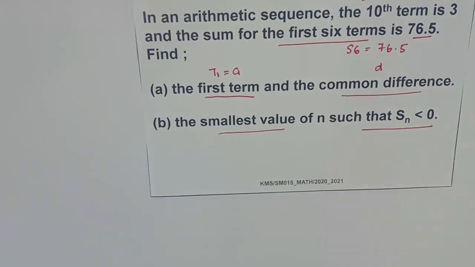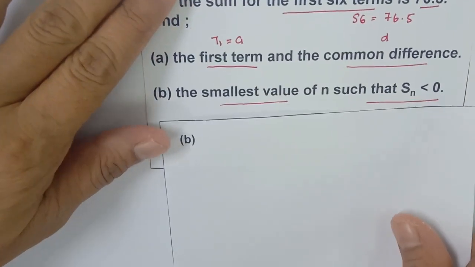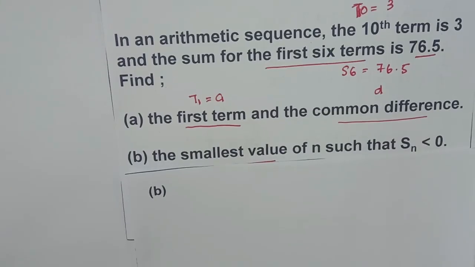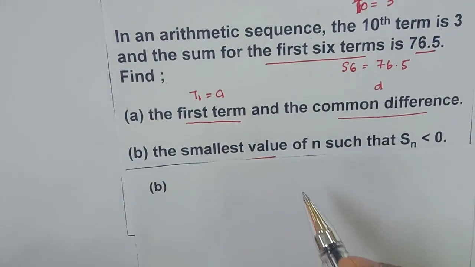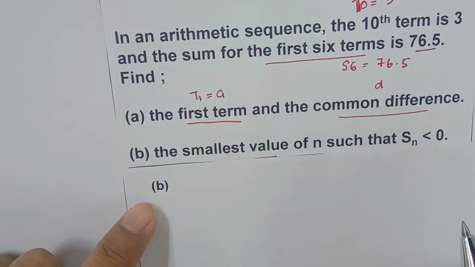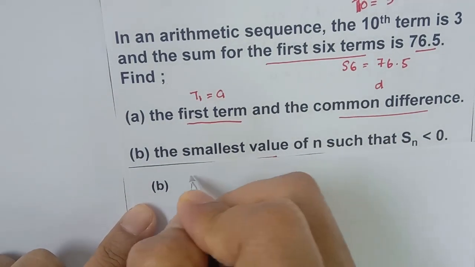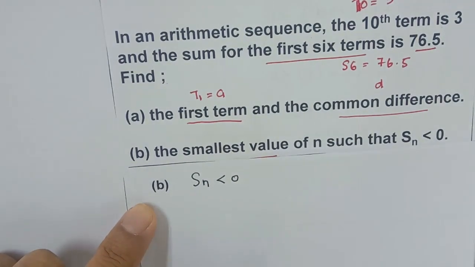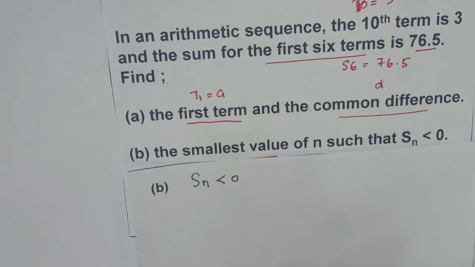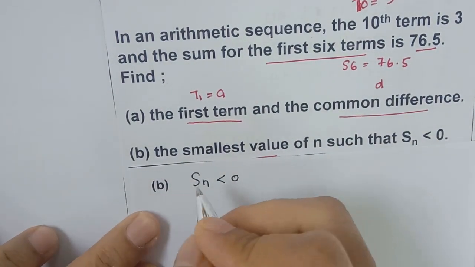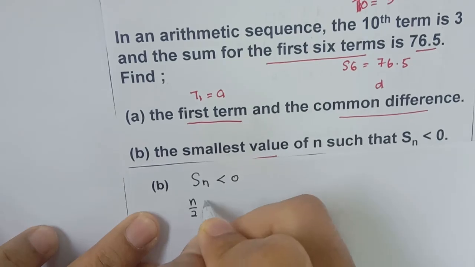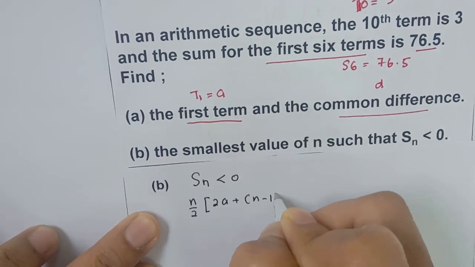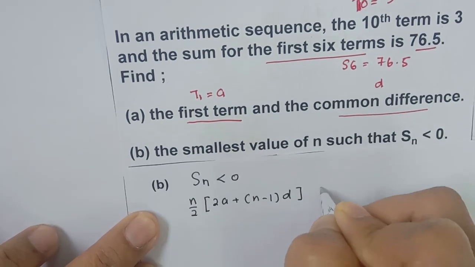Next, question B. For example 1b, given the smallest value of n such that Sn is less than 0. The formula Sn for an arithmetic sequence is n over 2 times 2a plus n minus 1 times d, less than 0.